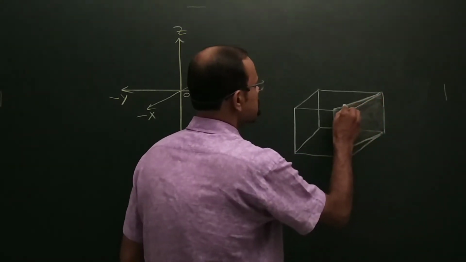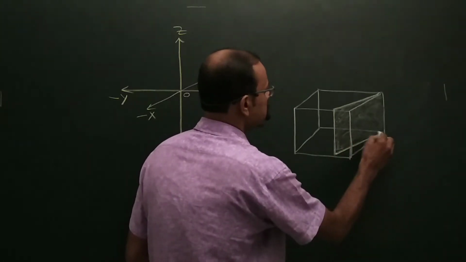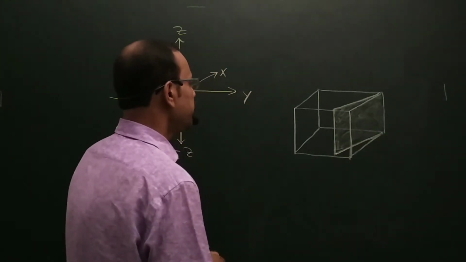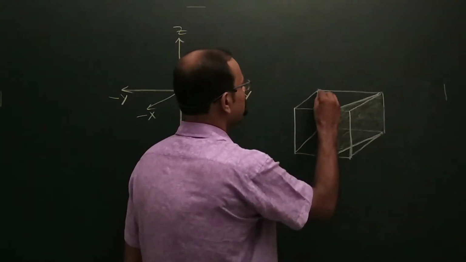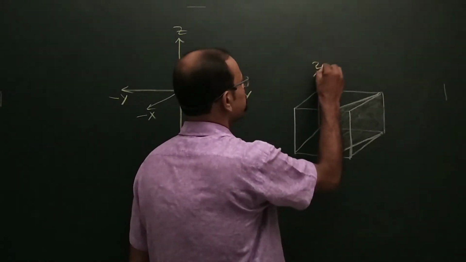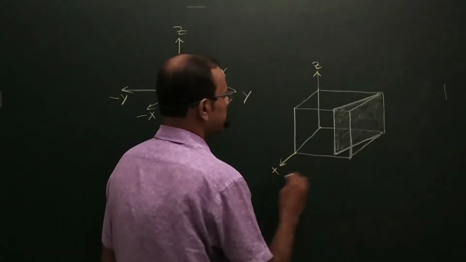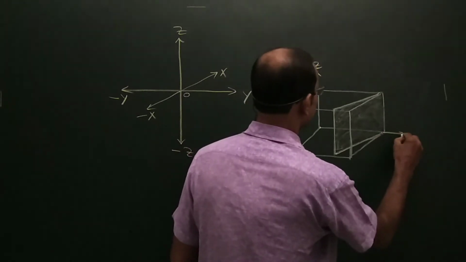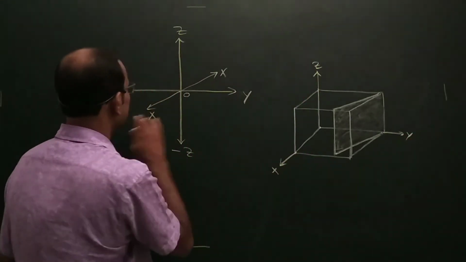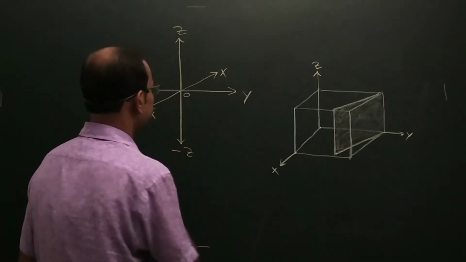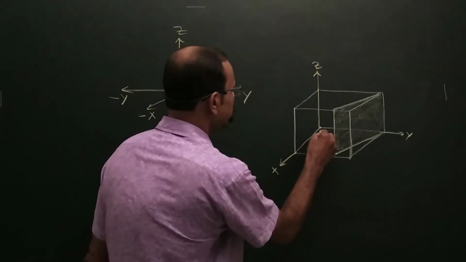I shall discuss the Miller indices of this plane. Now see, I am taking the origin at this point, say this is the z axis and this is going to be the x axis and this one is the y axis. Okay? Now see, this is the origin.